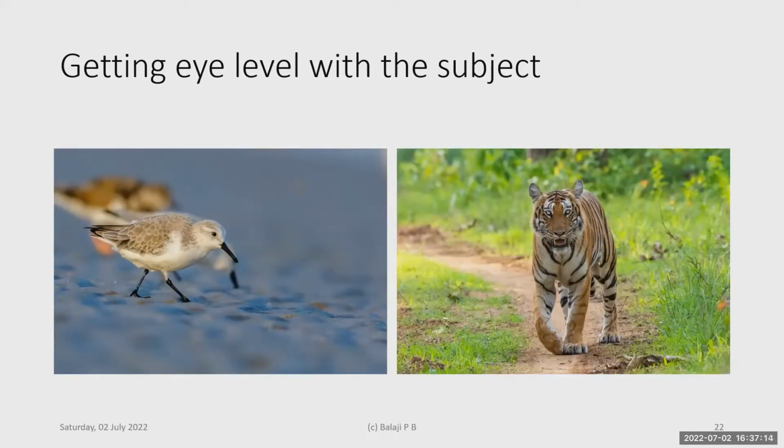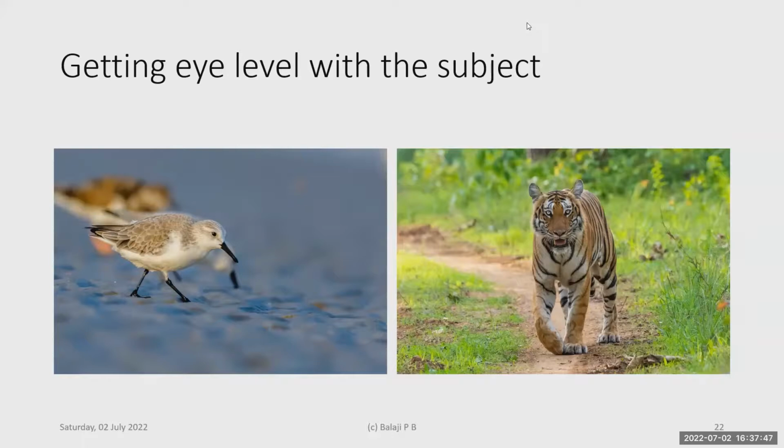In this example, the picture on the left is a bird called a sanderling, which I had the good fortune to take in the Greater Rann of Kutch, at the beach called Mandvi Beach. We were lying flat on the ground and took this picture. And the tiger was shot, I think, in Bandipur in Karnataka, where again, I think we were on the safari vehicle.